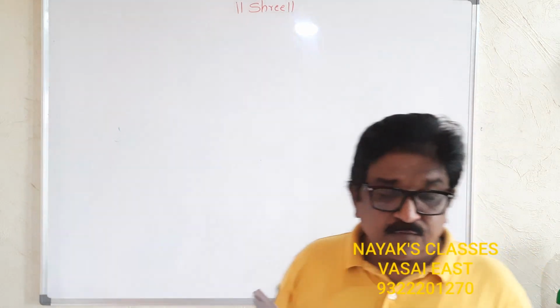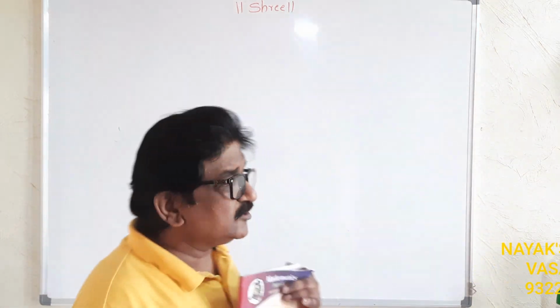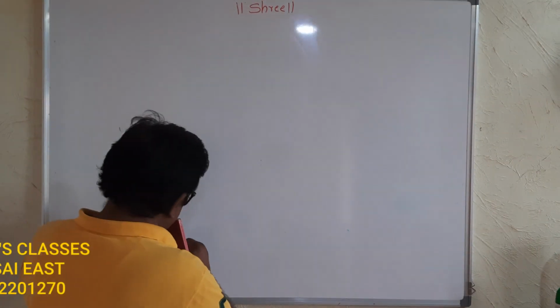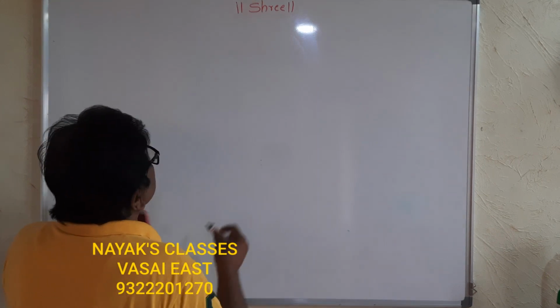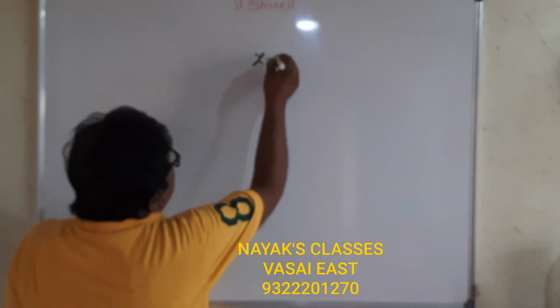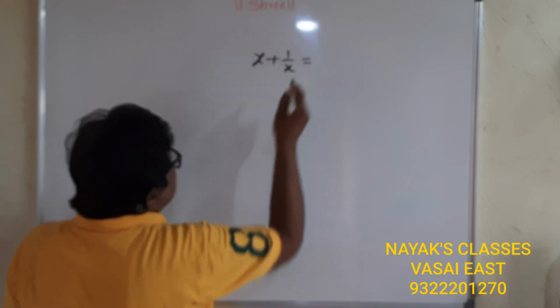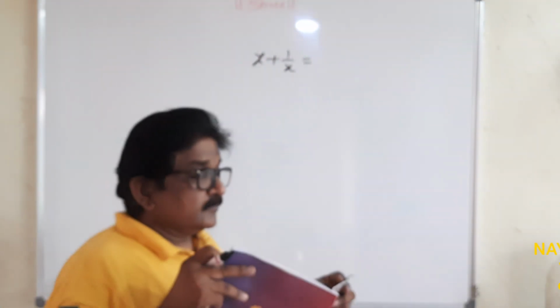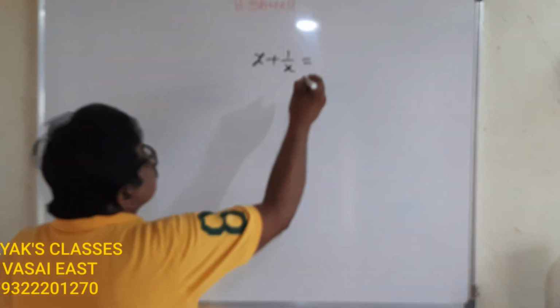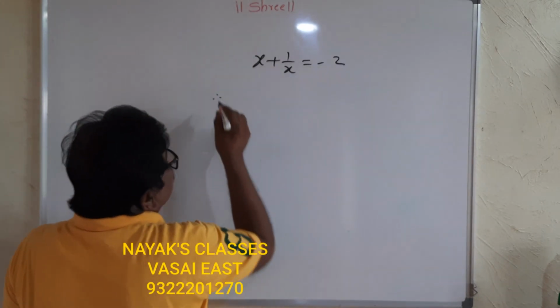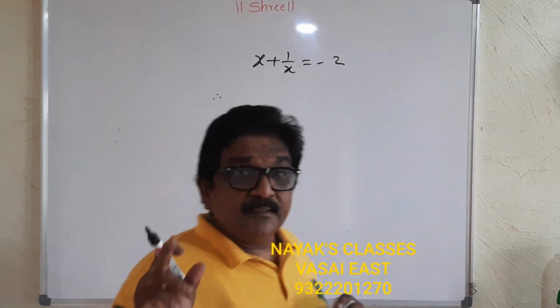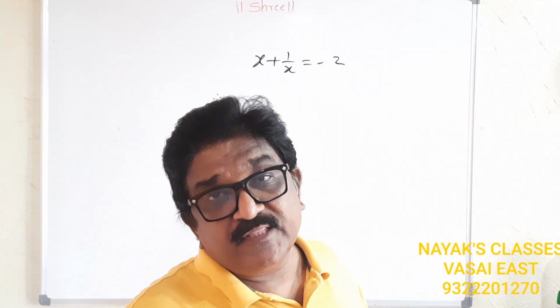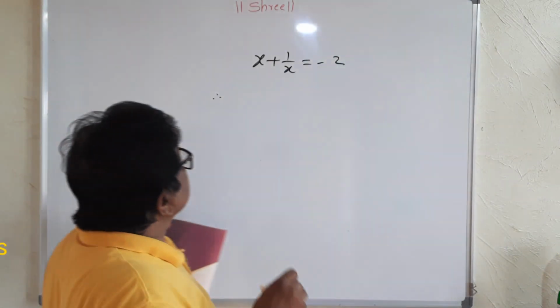Now I am taking the fourth example. X plus 1 upon x is equal to minus 2. Therefore, the rule is the variable should not be in the denominator.